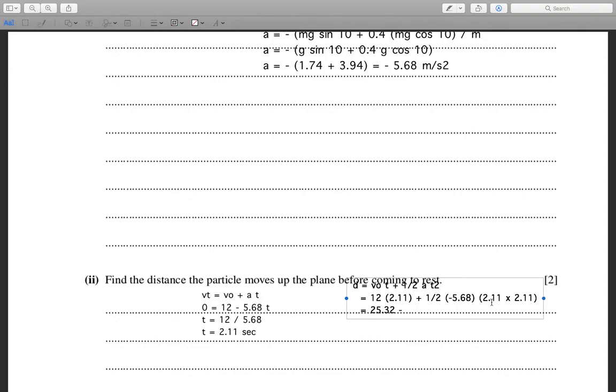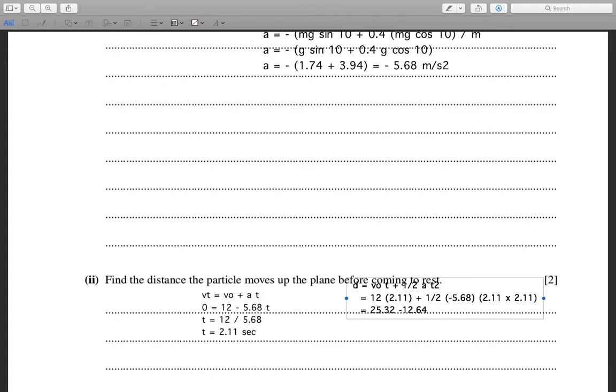Negative, always calculator first. 2.11 times 2.11 divided by 2, and then times 5.68. We get 12.64.